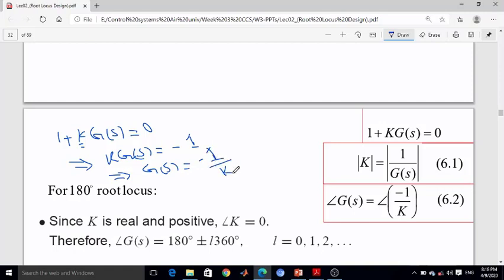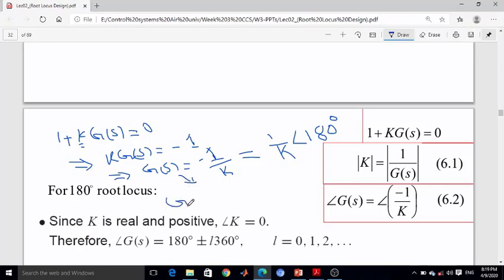And now if k is real positive, we can write this in polar form, with 1 over k being the magnitude and 180 degrees being the angle. Similarly, if k is treated as negative, what will happen to this equation?